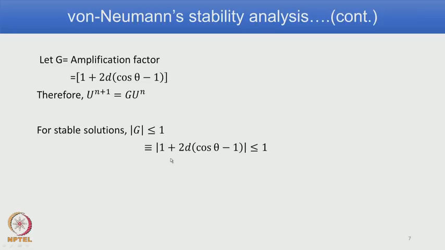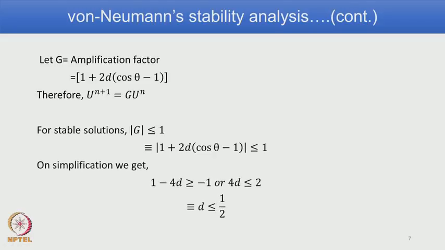In other words, the modulus of 1 plus 2 d into cos theta minus 1 needs to be less than or equal to 1. So, you can understand how to obtain from this a limit value for theta or a value for d. We know the maximum value of cos theta and we know the definition of d.